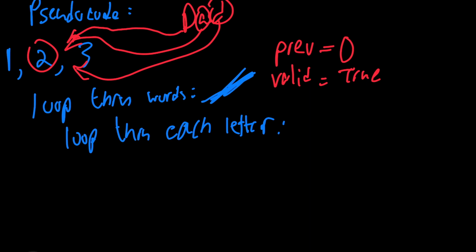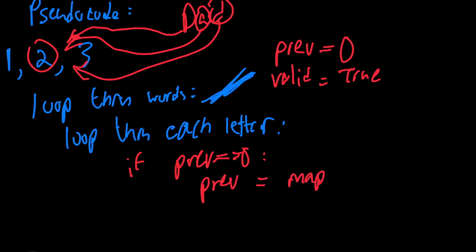And so using these two variables, the first thing we're going to do for each letter is check: is previous equal to 0? If that's true, then we're going to set previous equal to the map of the first letter.